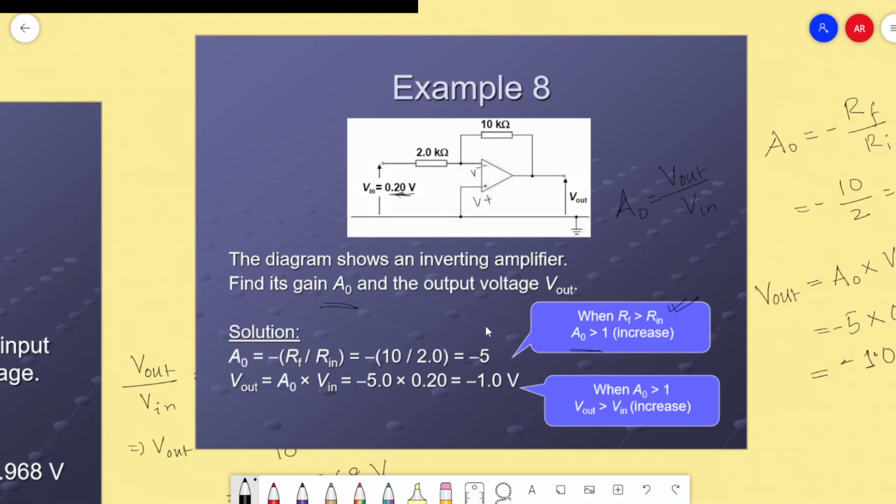If it is plus, the output is going to be minus. If it is minus, the output is going to be plus. As far as magnitude is concerned, when the gain is greater than 1, the output voltage is also greater than the input voltage. So we can say that the output voltage increases.